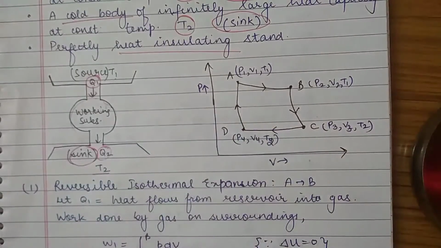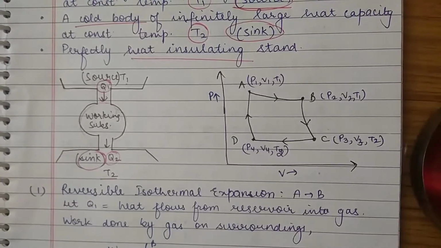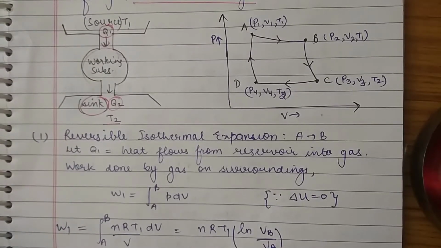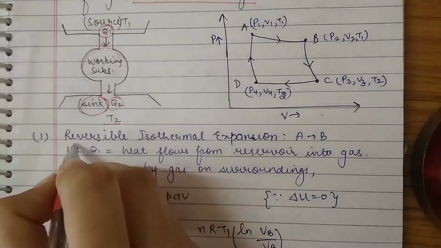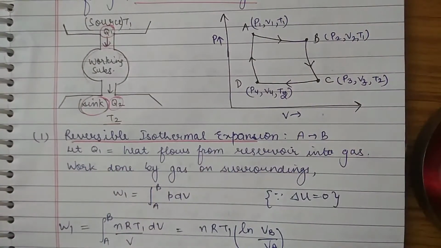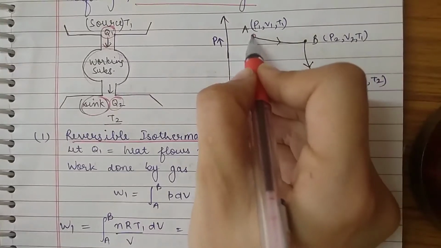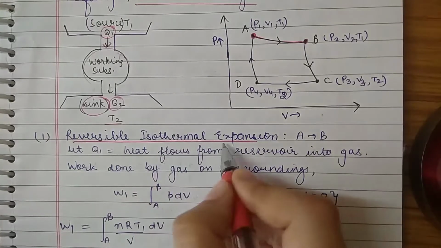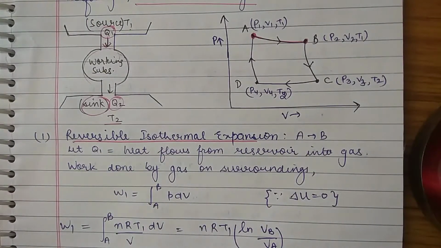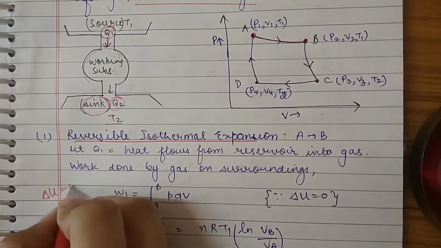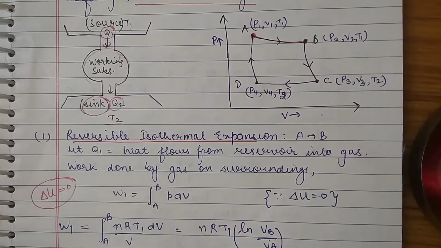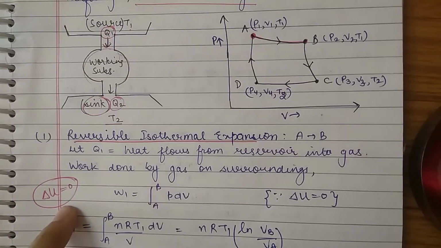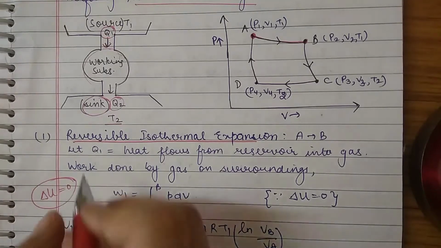At first, the working substance is connected to the source at temperature T1. The first process in the Carnot cycle is reversible isothermal expansion, which is shown here in the PV diagram from A to B. In this, delta U is equal to 0, meaning the change in internal energy in reversible isothermal expansion is 0.